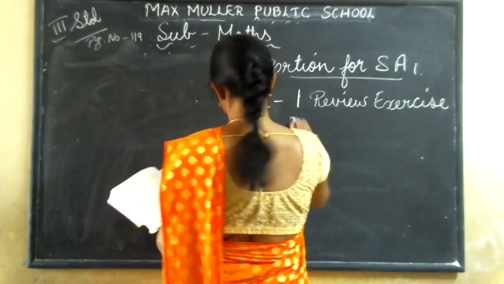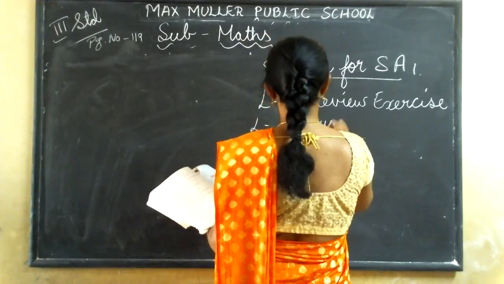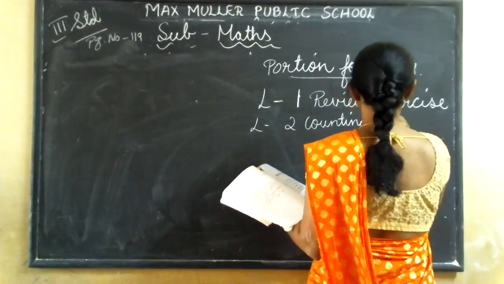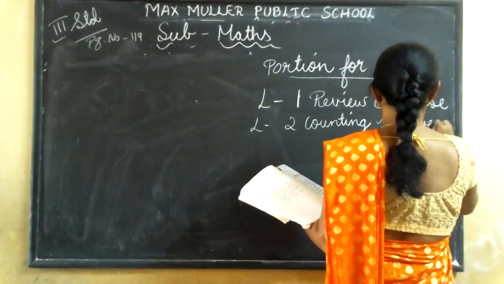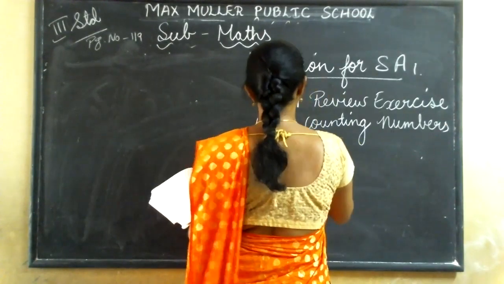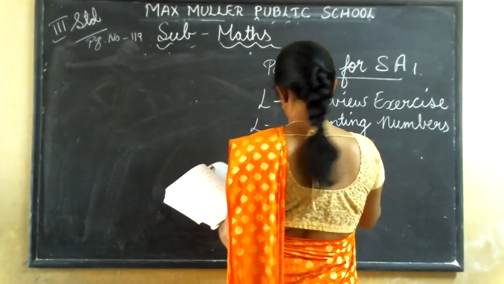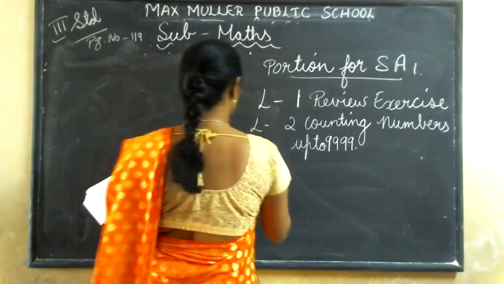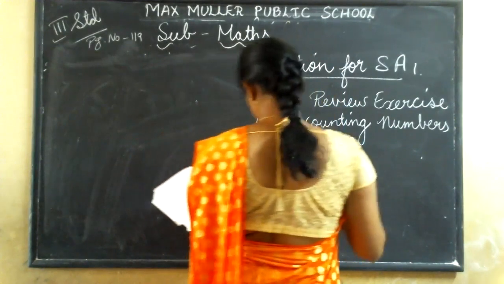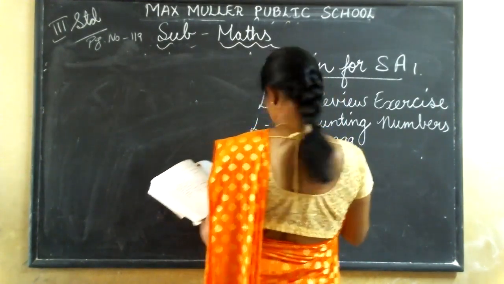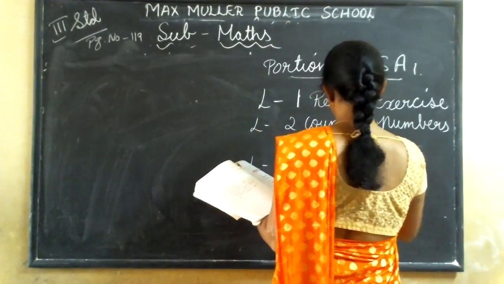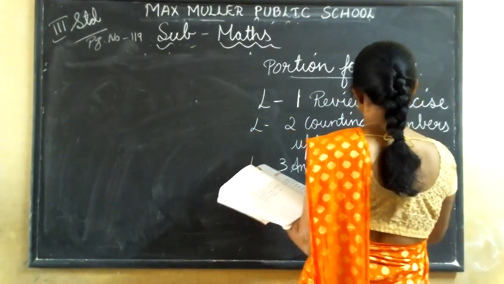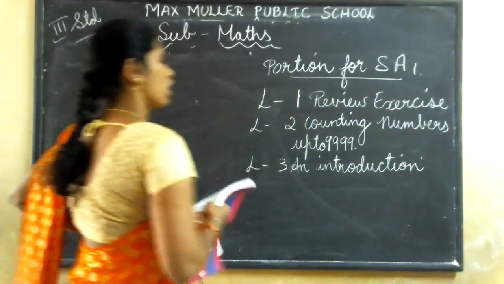Lesson number 2, counting numbers up to 9,999. Third lesson, an introduction to Roman numerals. Copy down fast.